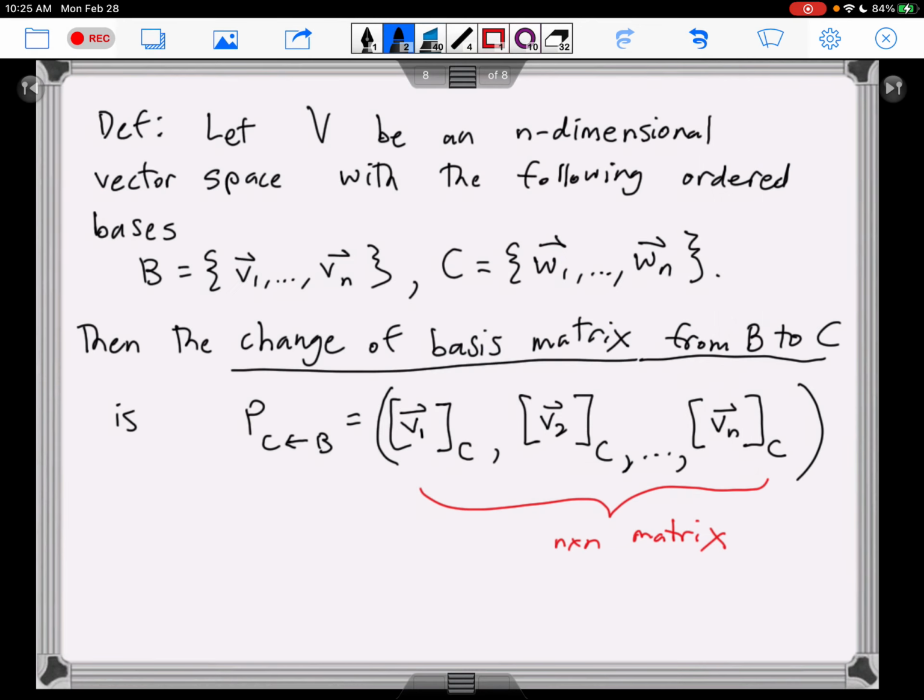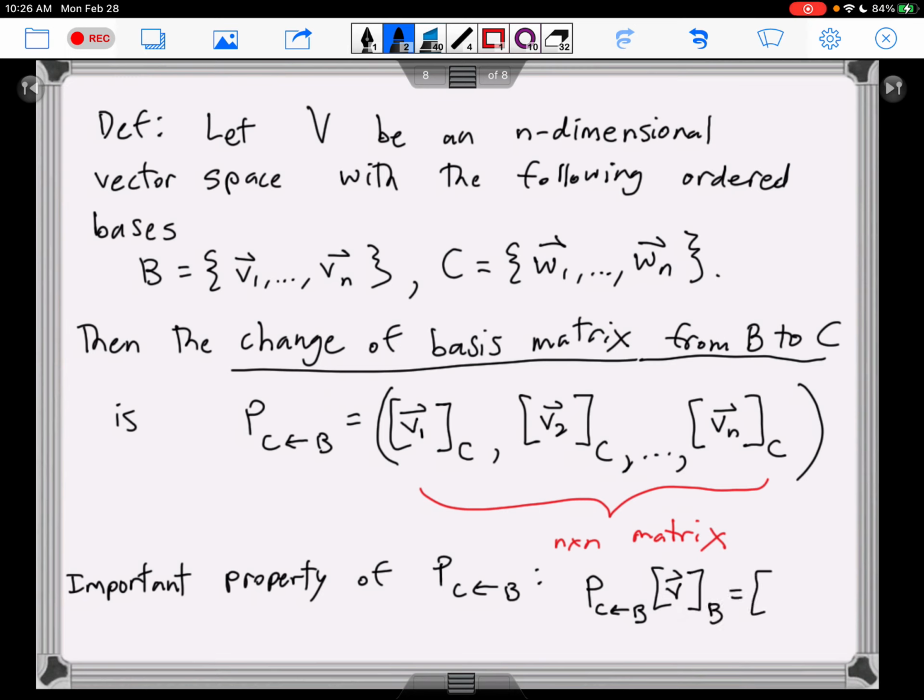Now, why do we care about this matrix? The important property of this change of basis matrix is that if you multiply that matrix times any vector v relative to the basis B, it gives you vector v relative to the basis C. And this is true for all v in V. In other words, if you know what its components are relative to one basis, and you know the change of basis matrix, then you can convert it.